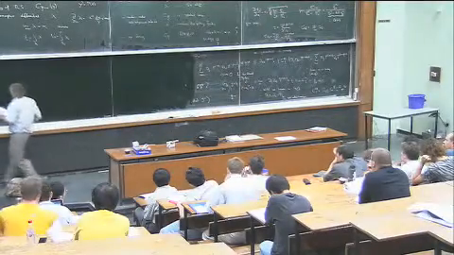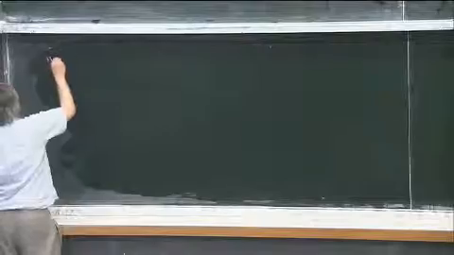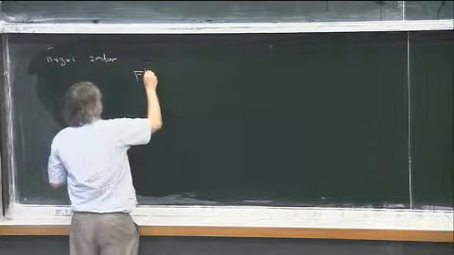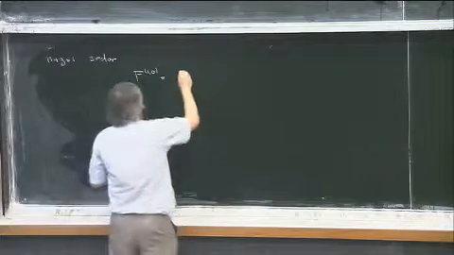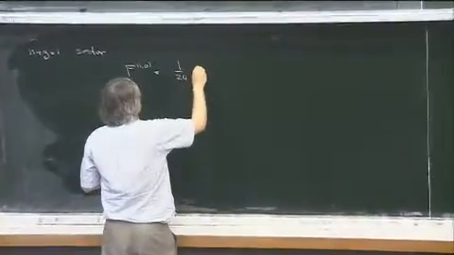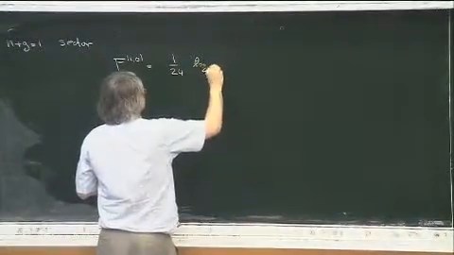So we get the n plus g equal 1 sector. So we have now this double index, and there F10 is actually 1 over 24 log of delta.